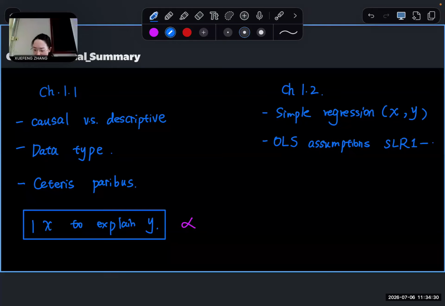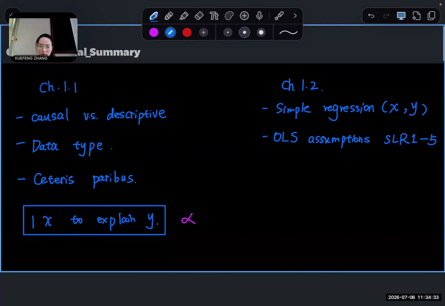Assumption 1 through 5. And among those, the one that we care most is the zero conditional mean. And also homoscedasticity.